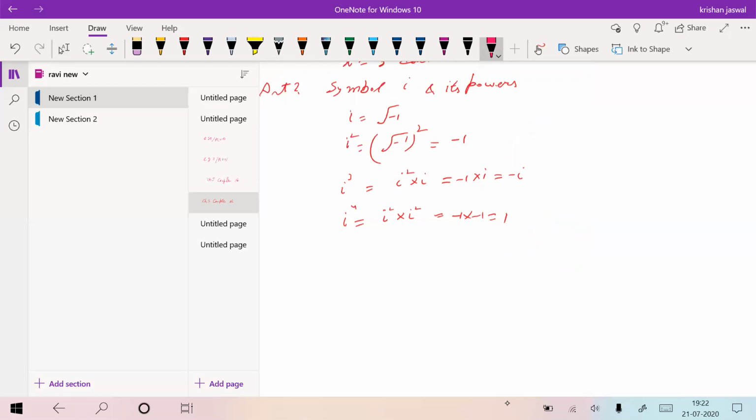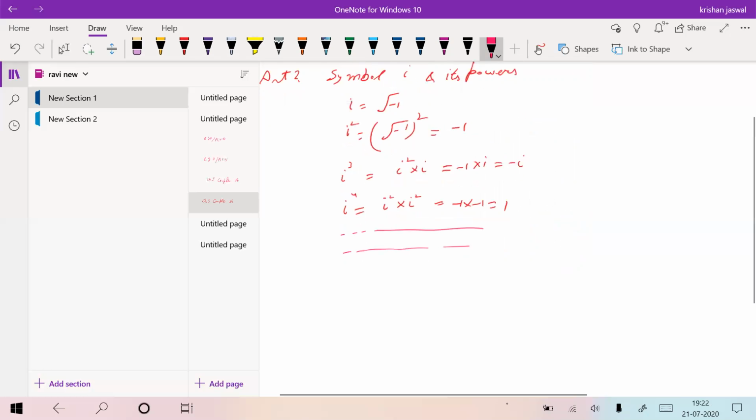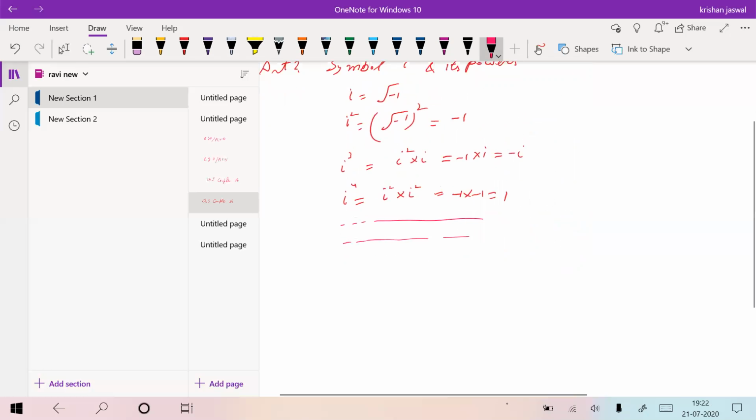And so on. These are the values of its powers.